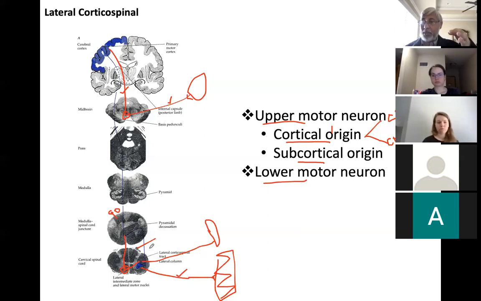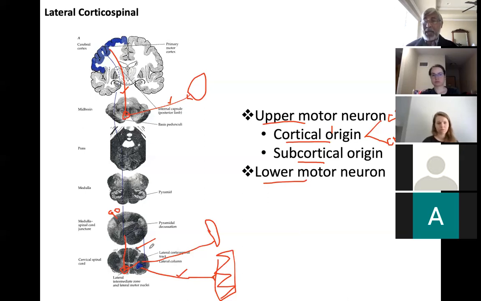Now the fibers are coming down, and how far will they come down? Corticospinal, so they have to come down to the spinal cord. In the spinal cord, which area they occupy will determine their name. If their final position is the lateral column of the spinal cord, we call it lateral corticospinal.